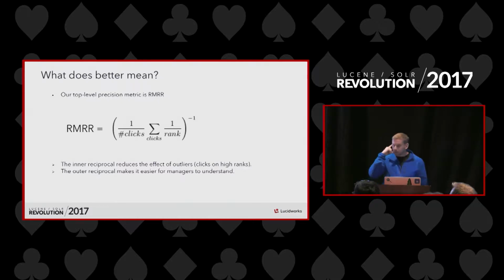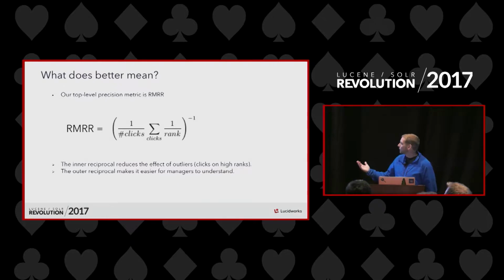Okay, so we have to define what better means. Again, there's lots of ways to define better. We have lots of metrics that we track, but probably the top level metric that really tells us about relevance health is this RMRR, so reciprocal mean reciprocal rank.